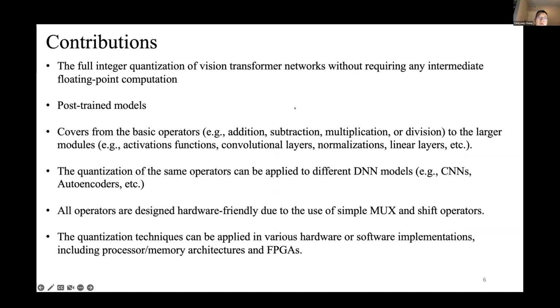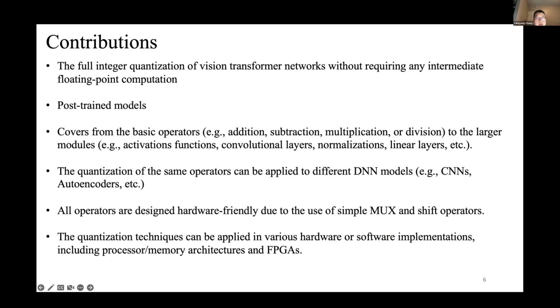Okay, so now let's talk about the contributions of our paper. We propose the full integer quantization of vision transformer networks without requiring any intermediate floating point computation. In other words, our method can be directly implemented on a chip or on hardware with limited computation and memory. We target post-trained models, so there are no worries about the training process.